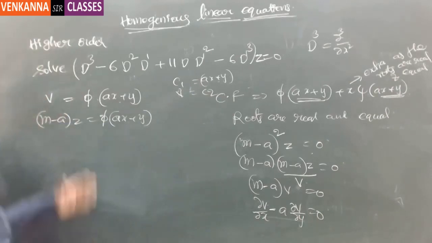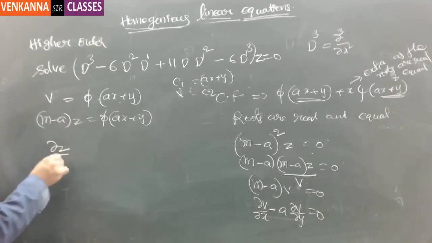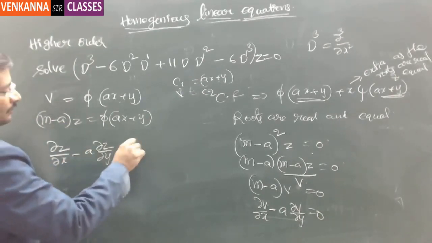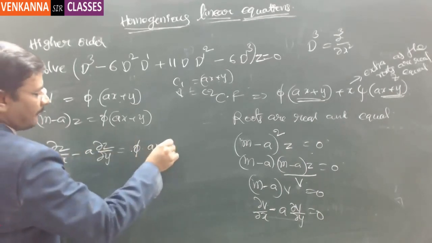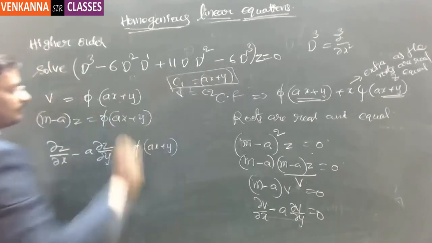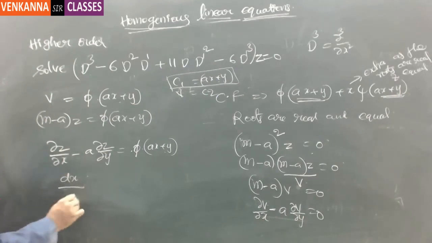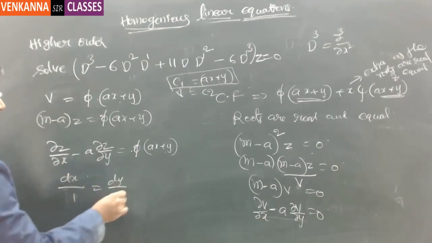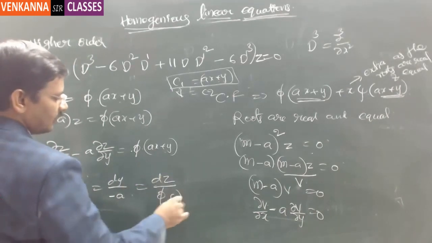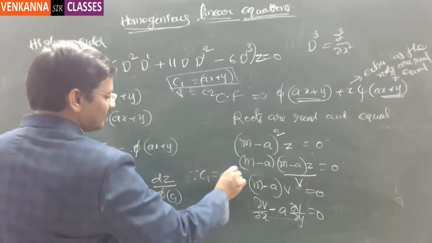This is another, second constant. Now if you put this value, it is going to be dou z by dou x minus a into dou z by dou y is equal to phi of (ax plus y). So this ax plus y is some constant. Now if you solve this one, dx by 1 is equal to dy by minus a is equal to dz by phi of some constant c1, where c1 is equal to ax plus y.